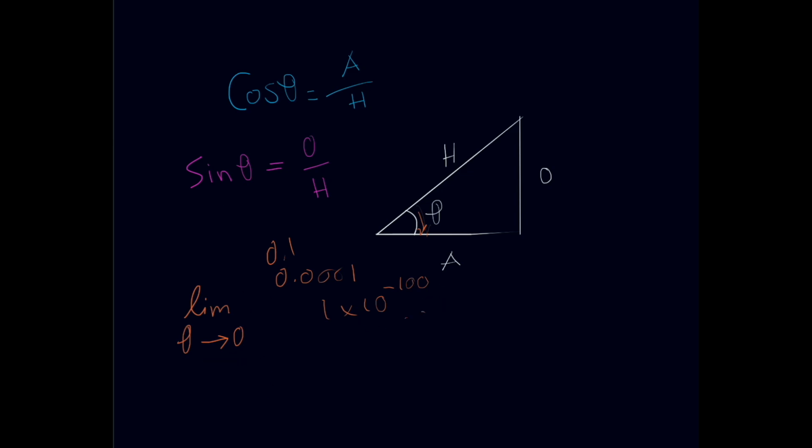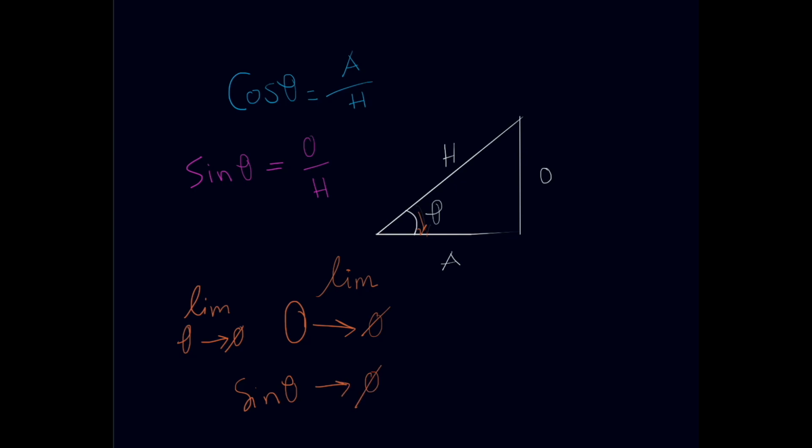At this point, as theta approaches 0, our opposite side is also approaching 0. They're not exactly 0, but they're getting so small that it's essentially the same as 0. As these two values are approaching 0, sine of theta is also approaching 0.